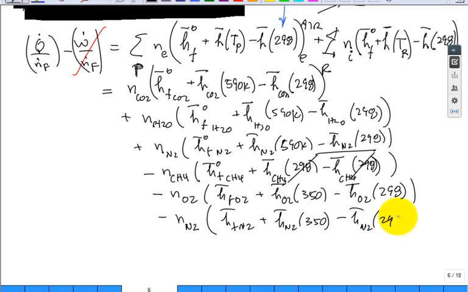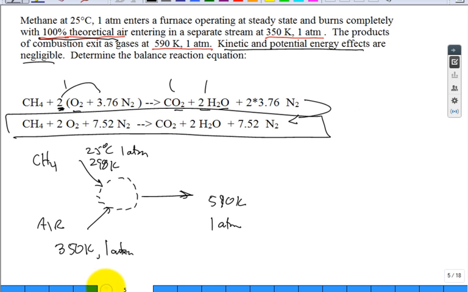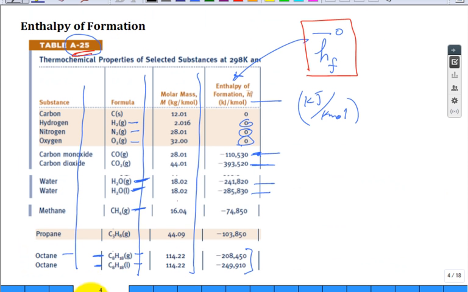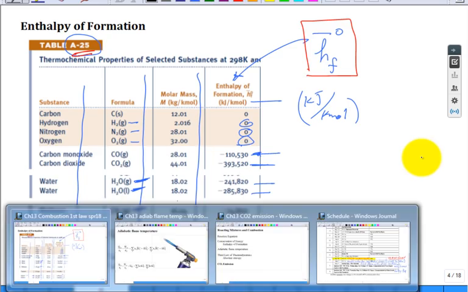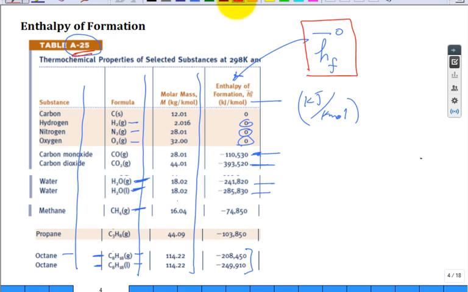It is strongly recommended that you write it out like this by hand a few times in your life, so you don't forget some terms. And then you begin the hunt, because you have to go back to that table, right here. And then you kind of remember things, don't you? And you say, oh, well, we have oxygen coming in. Oxygen comes in as gas. Hey, what's the enthalpy of formation of the oxygen?